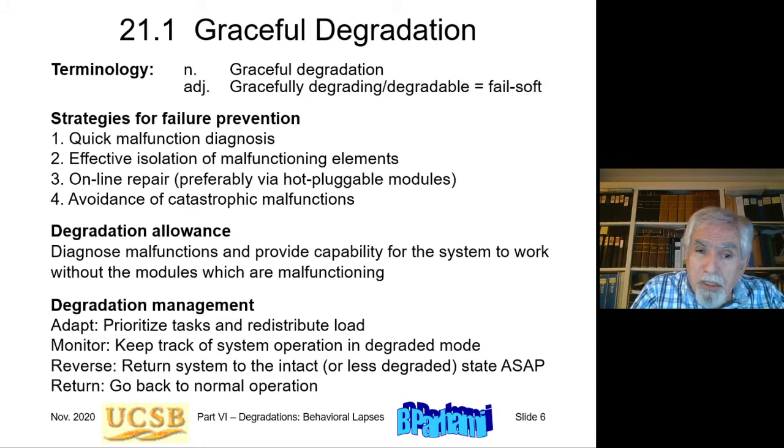We have to monitor the system in order to keep track of system operation in degraded mode to make sure everything is going smoothly. We have to reverse the effect of the malfunction, return the system to the intact, or at least to a less degraded mode of operation. And finally, and ideally, return to normal operation as soon as possible.